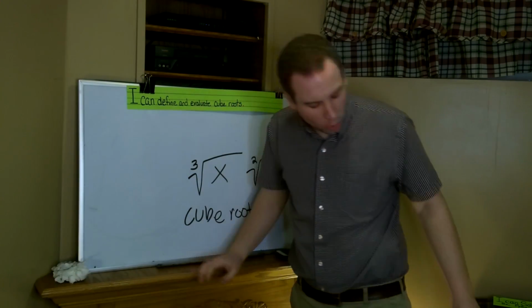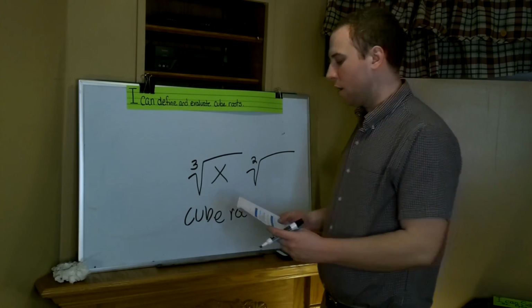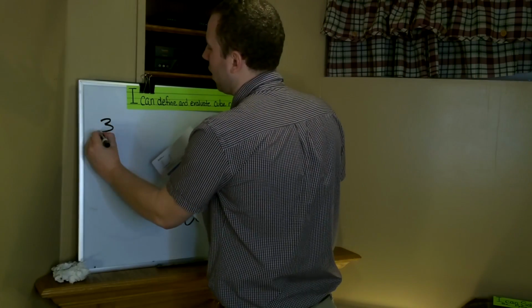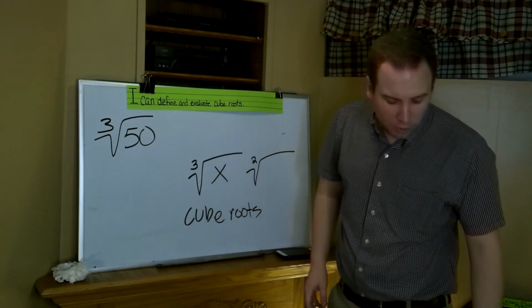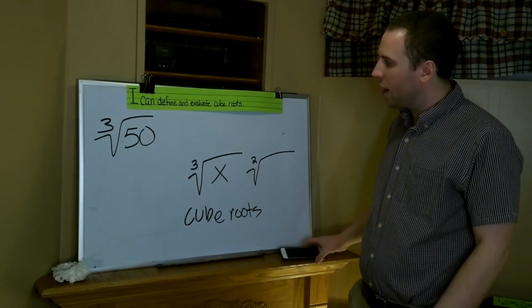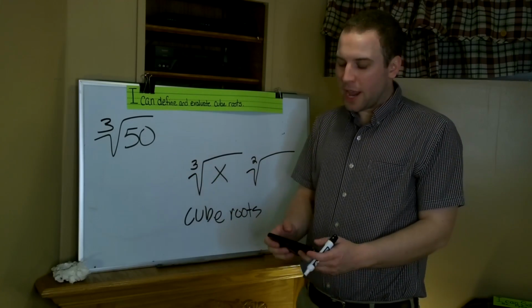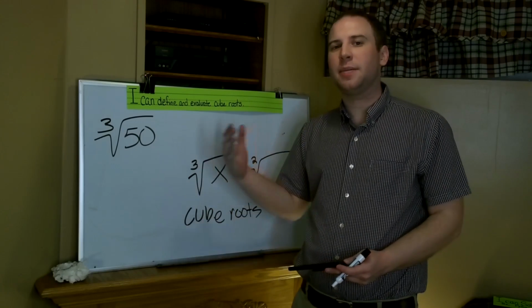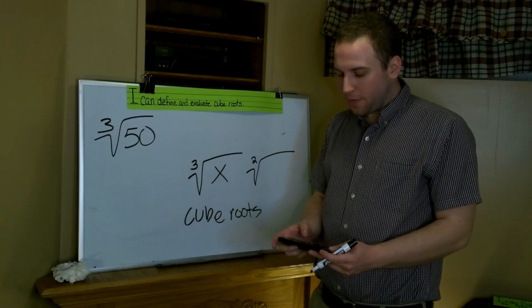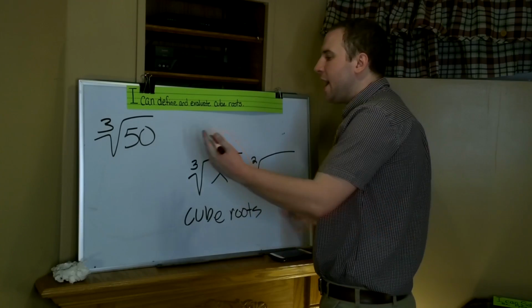Let's go through a couple more examples. Now let's say the cube root of 50. Got any idea what the cube root of 50 would be? Well, first of all, 50 wouldn't end up with a whole number. Why? Because nothing times nothing times nothing would give me 50. But if I did the cube root of 50, once again, we get a decimal.